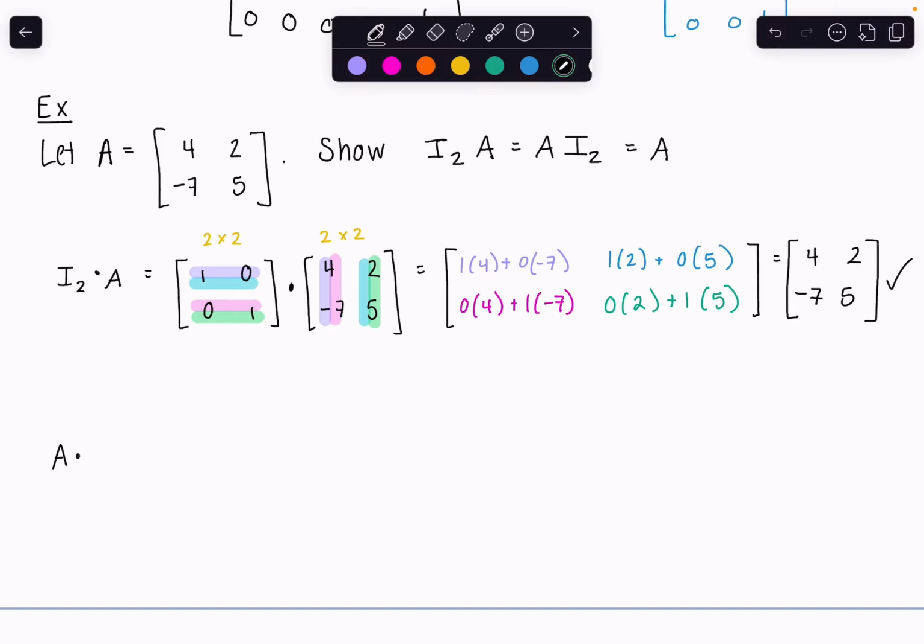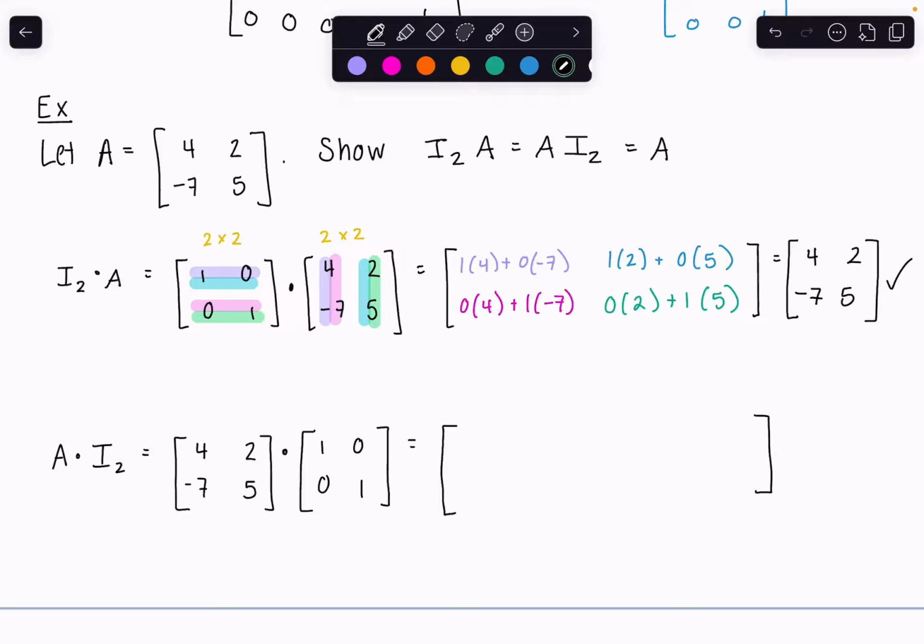If I multiply on the other side, let's make sure that also adds up. So A is 4, 2, negative 7, 5. And then we're going to multiply that by I2, which is 1, 0, 0, 1. And again, the result of this is still going to be a 2 by 2 matrix.